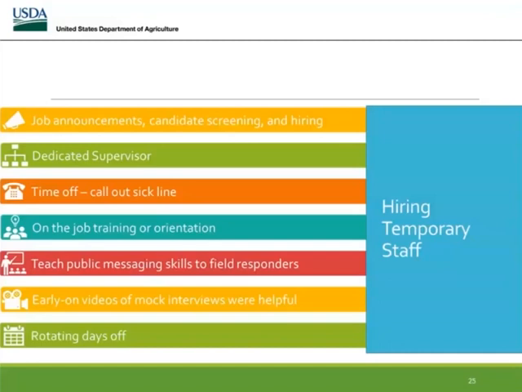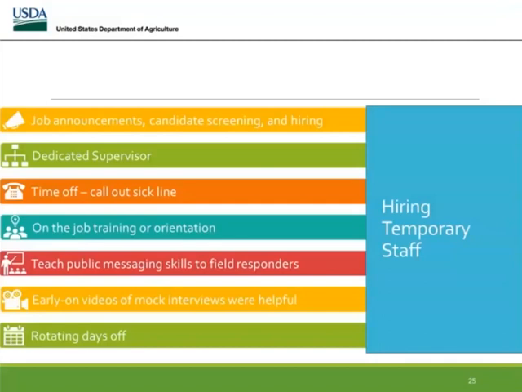There are also challenges with hiring temporary staff. One of those is that temporary staff need accountability. They need a dedicated supervisor, and someone to track their time, their time off requests, and when they become sick. So we hired a retired annuitant, a retired state employee who had been a manager before, and she came in and became the dedicated supervisor over the temporary staff.